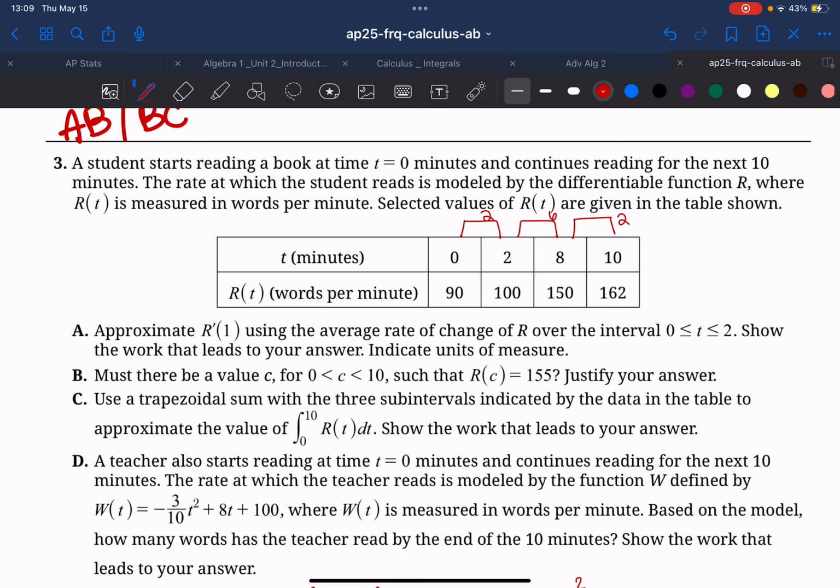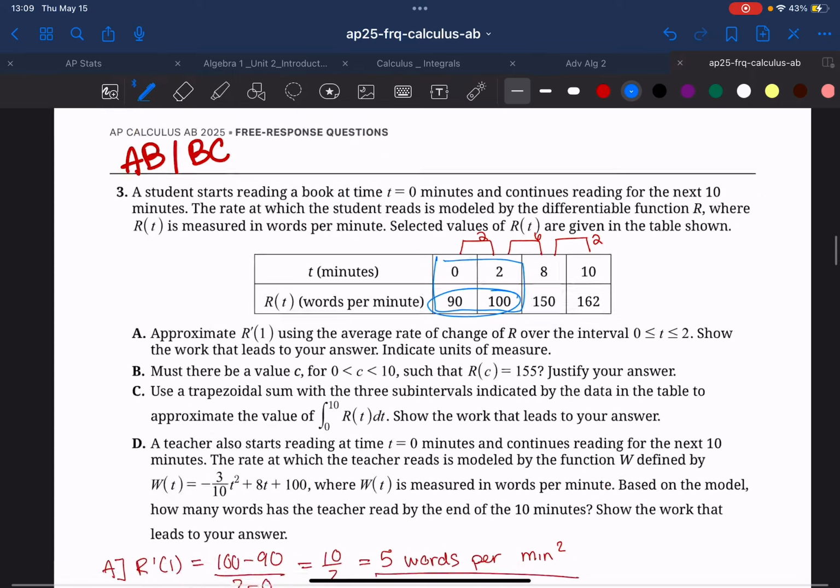And then I'm going to take the r of t values for each of them. So for example, these two here, I'm going to add these values together and divide by 2 to find that average.